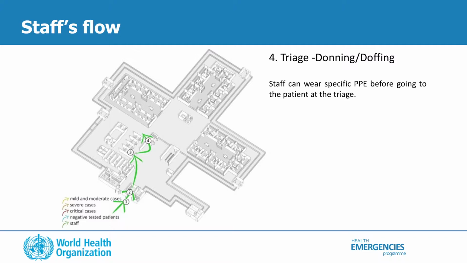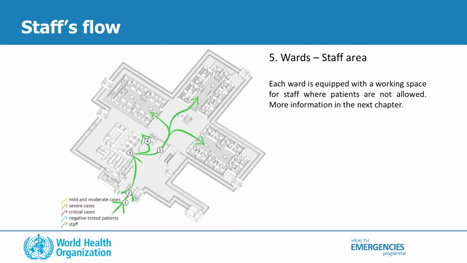Staff can wear specific personal protective equipment before going to meet patients at the triage. 5 is the staff area in the wards. Each ward has a functional working space for staff where patients are not allowed. You will get more information in the next chapter.